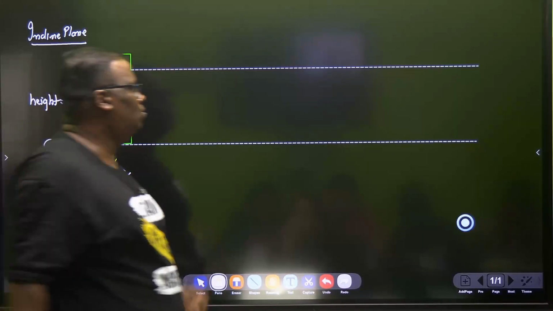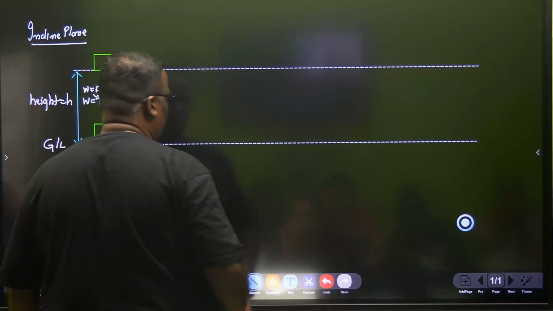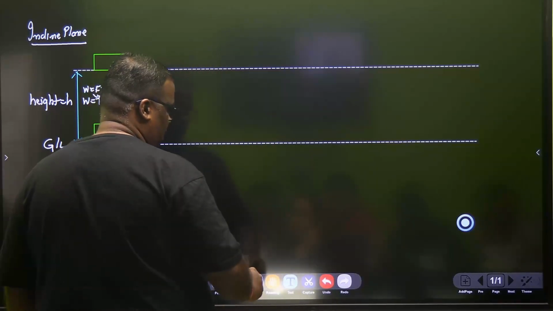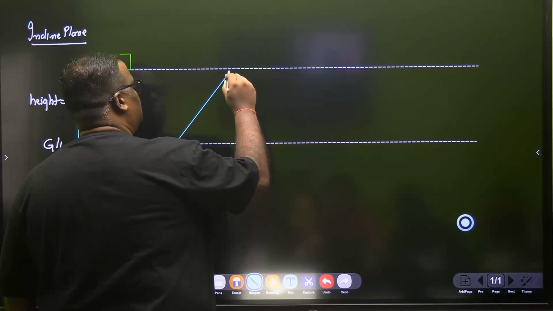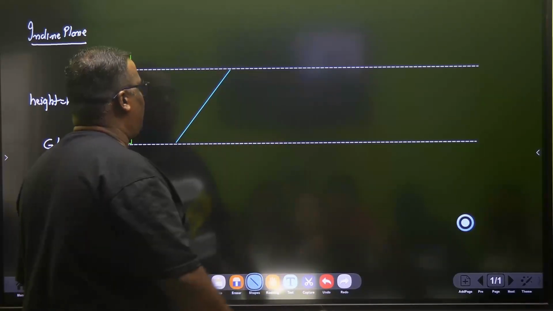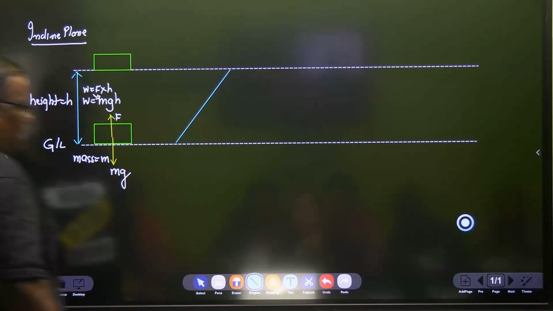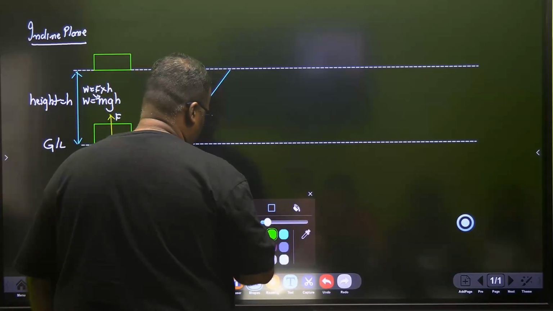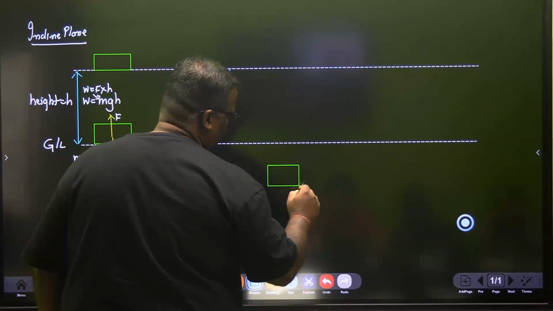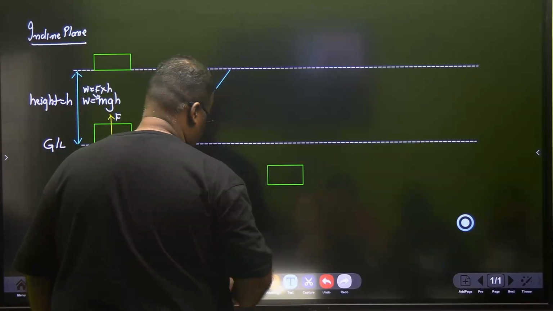Let's see option 2. In option 2, what we are trying to do, we have created an inclined plane. Say this much is an inclined plane that I have created. Clear? And I bring my object now and I place it on this inclined plane. So this is my object, all right?